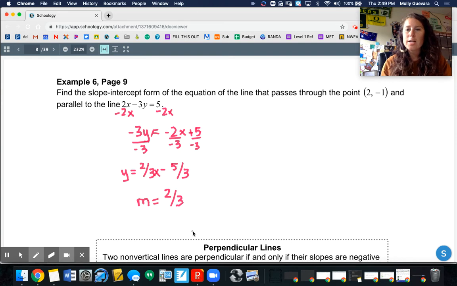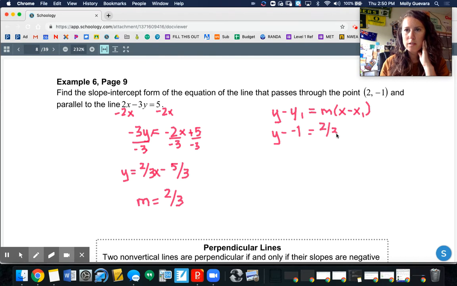All good? Now that I know my slope and I also know a point, I can use my point-slope form. y minus y1 equals m times (x minus x1). And just start plugging in values. So y minus -1 is equal to, my m is 2/3, and then x minus 2.